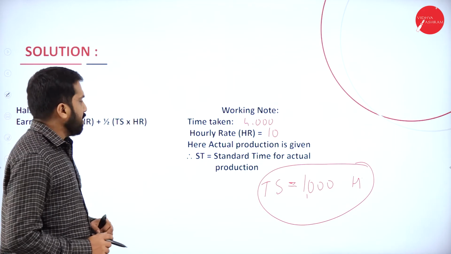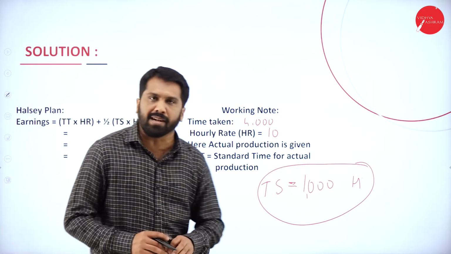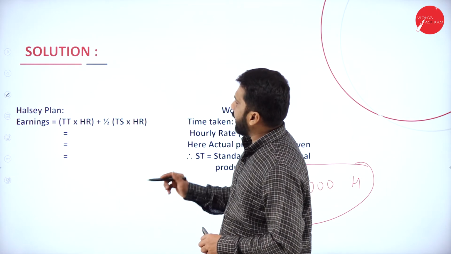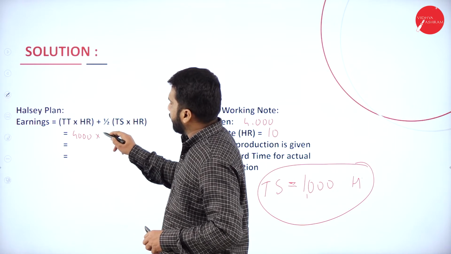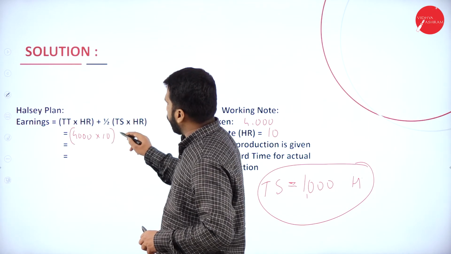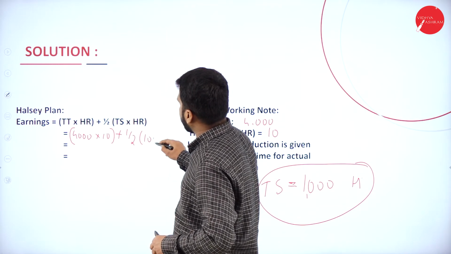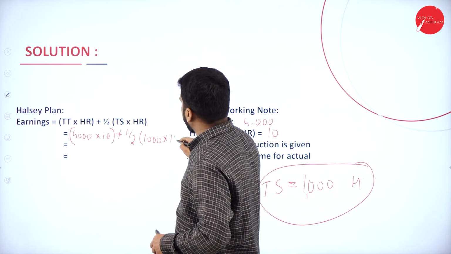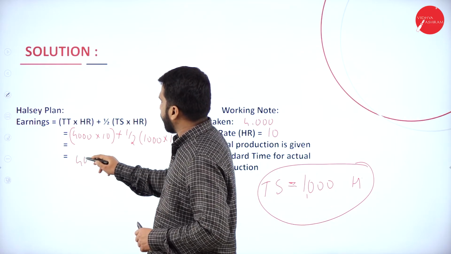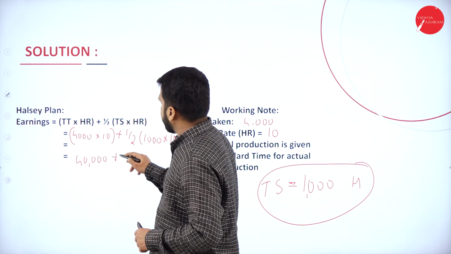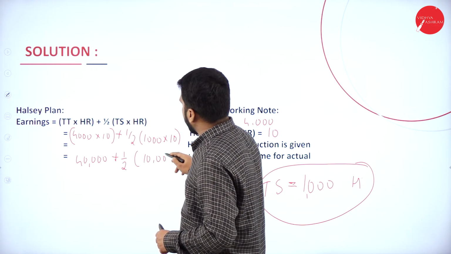Now, as per this, I'll go for your wholesale plan. Under the wholesale plan, what is the time taken? 4000. What is the hourly rate? 10. Plus half of the time saved, which is 1000. Hourly rate is 10. 4000 into 10 will be 40,000, plus half of 1000 into 10, which is 10,000.